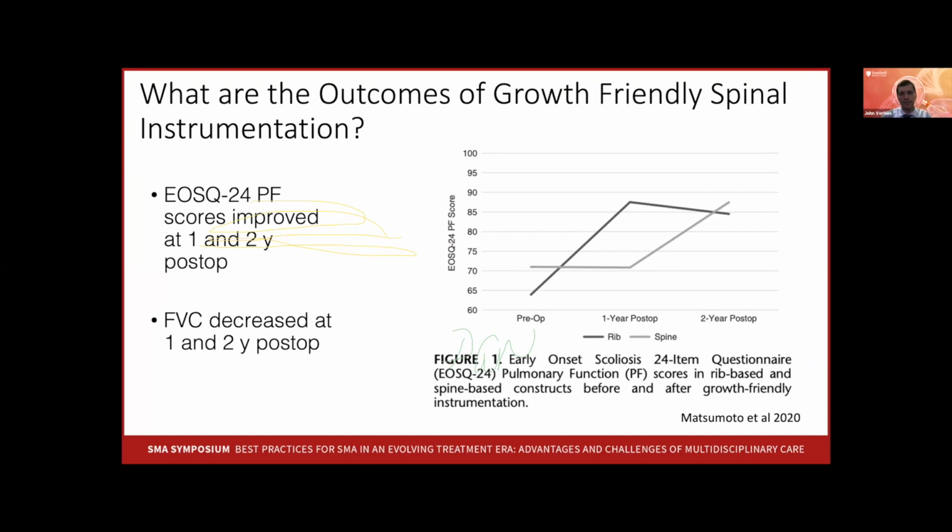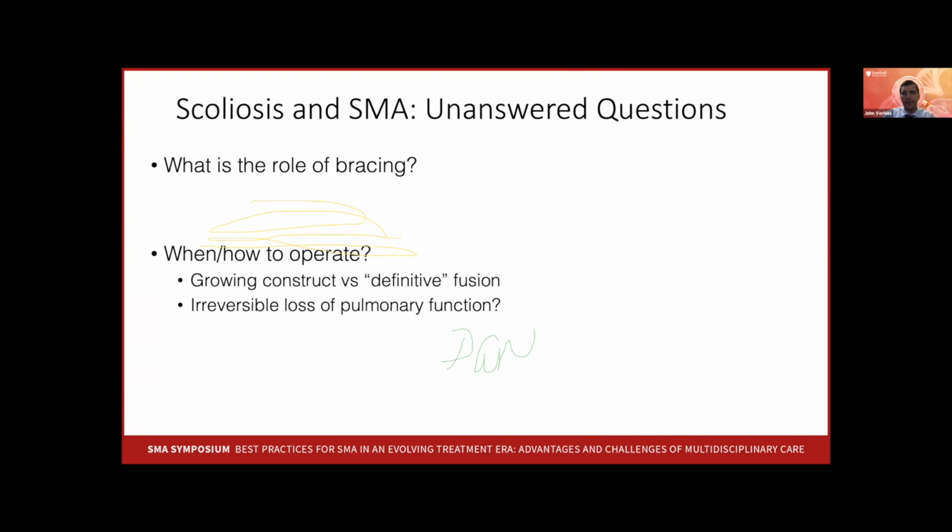So this is a little bit confusing, and the author suggests that perhaps we should apply a little more weight to patient-reported outcome measures rather than pulmonary function, especially in this younger patient population that might have trouble participating with PFTs. So lots of unanswered questions still in this patient population. I think we're still learning about what the roles are of bracing, which patients can really stand to benefit, and how it might affect pulmonary function.